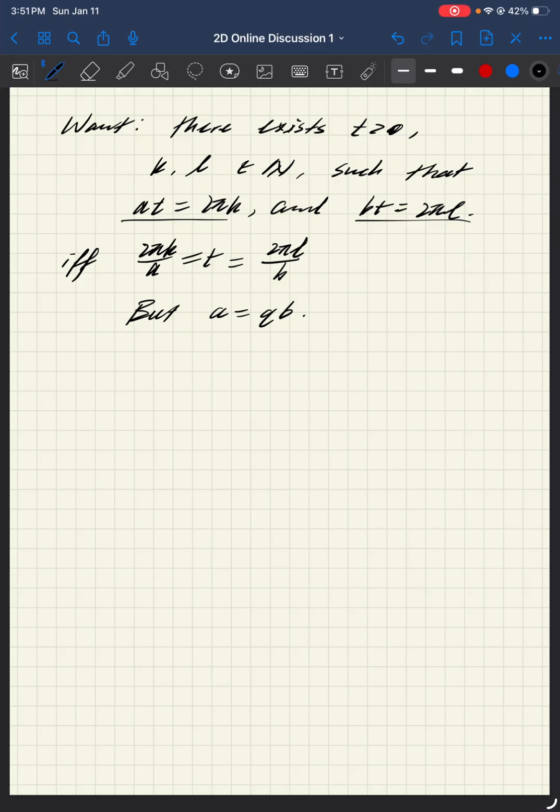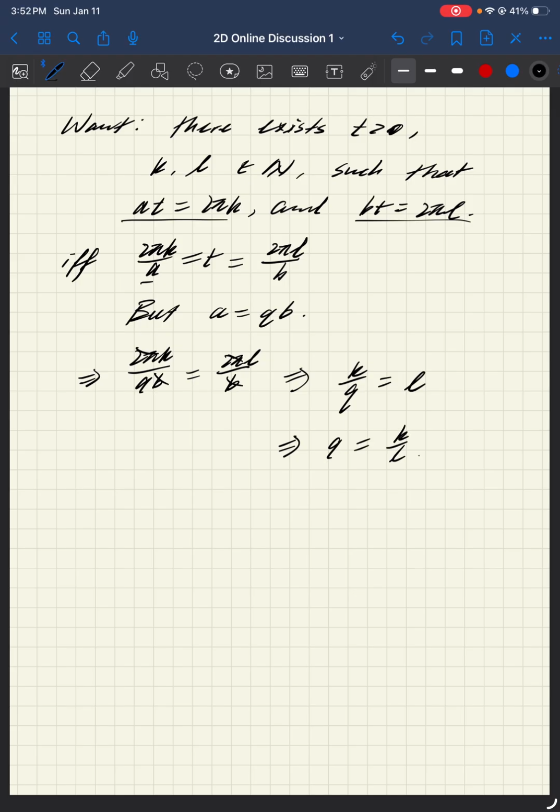So I can substitute this a here. So 2 pi k over qb is equal to 2 pi l over b. So I can cancel the b and the 2 pi's. And so I'm left with k over q is equal to l. In other words, q equals k over l.